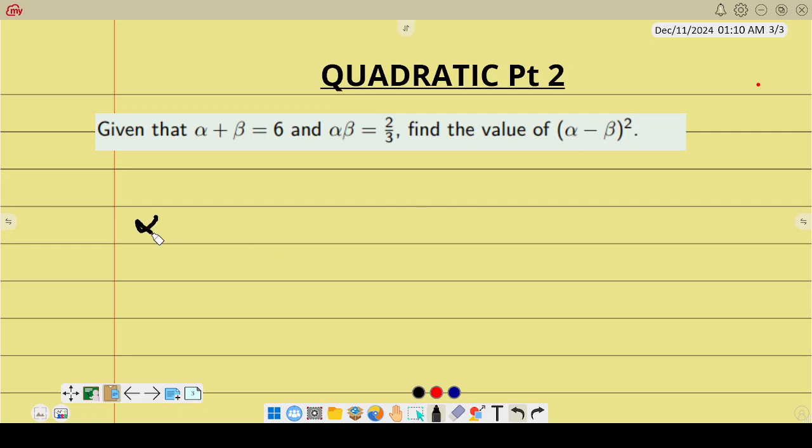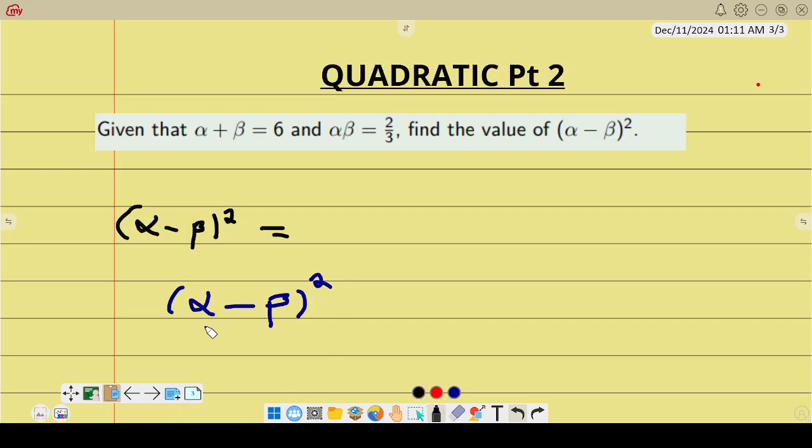So they want us to find alpha minus beta squared. So they have given us the sum is this, product is that. So we simply say, let's expand this. So I already taught you how to expand a binomial when the power is 2.